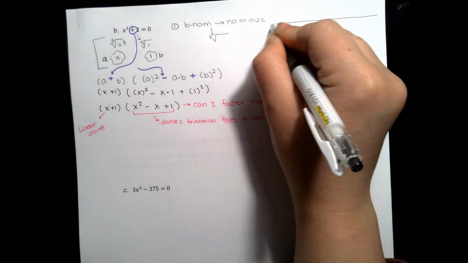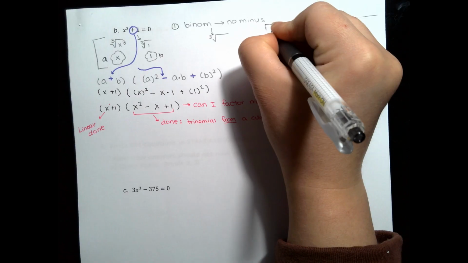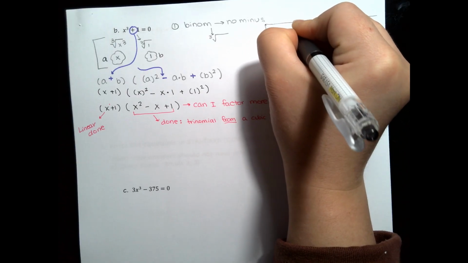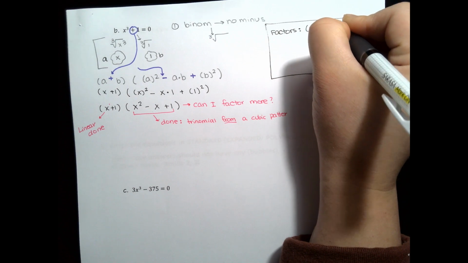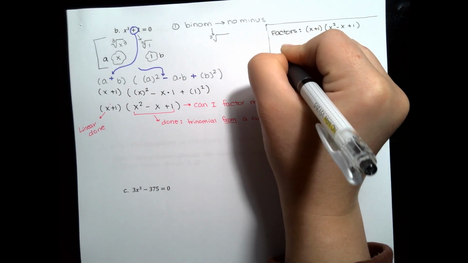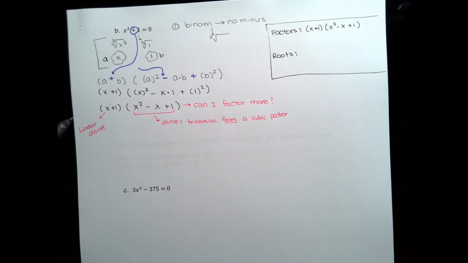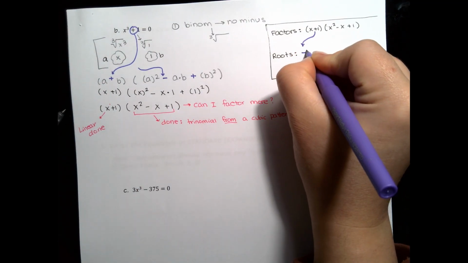So let's go ahead and write out our answer boxes. So we got our factors of x plus 1, x squared minus x plus 1. And so here are our roots. So the linear roots we can do really quickly. Opposite of what we see here, we get -1 as a root.